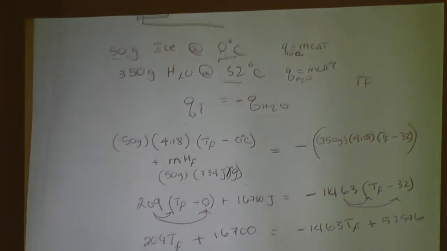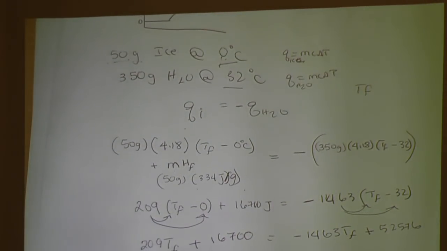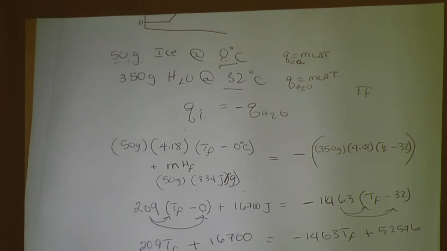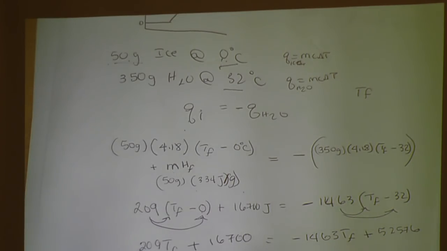which is 52576. Okay? So now you want to get all the variables with TF on one side and all the numbers on the other side.